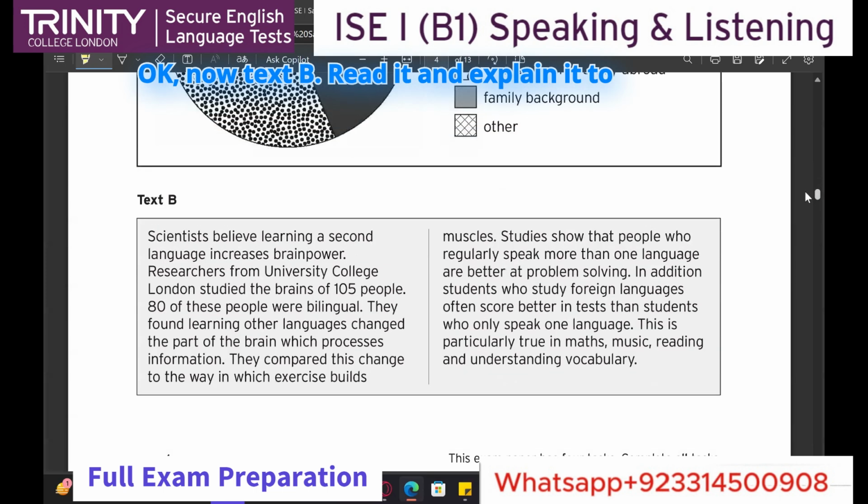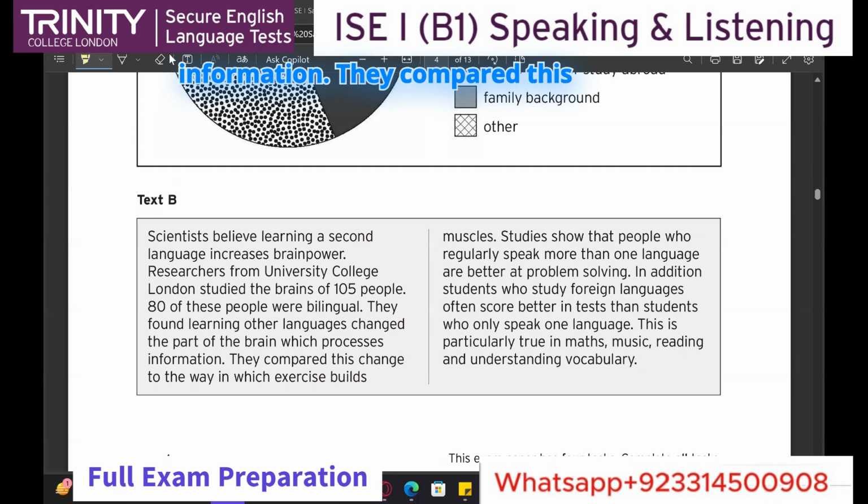Okay, now text B, read it and explain it to me. Text B. Scientists believe learning a second language increases brain power. Researchers from University College London studied the brains of 105 people. 80 of those people were bilingual. They found learning other languages changed the part of the brain which processes information.